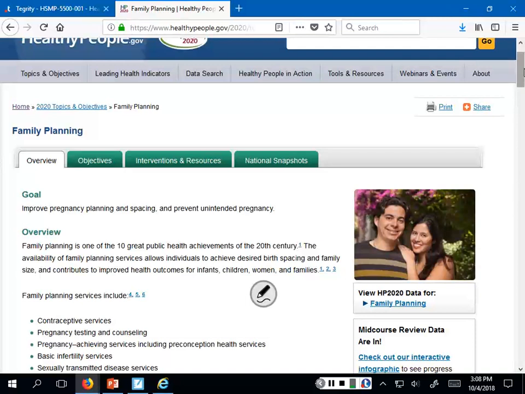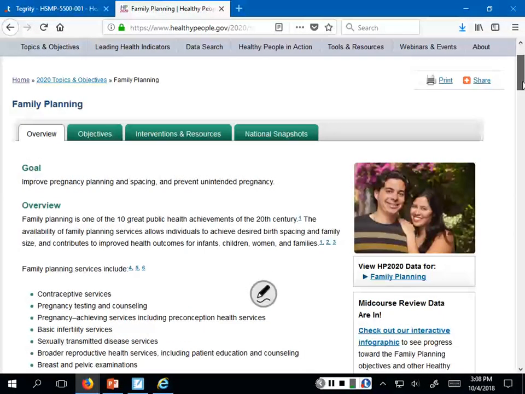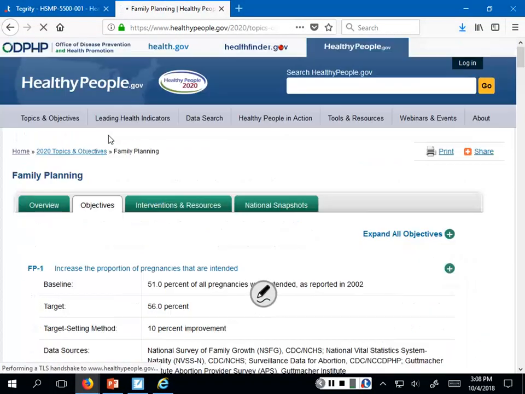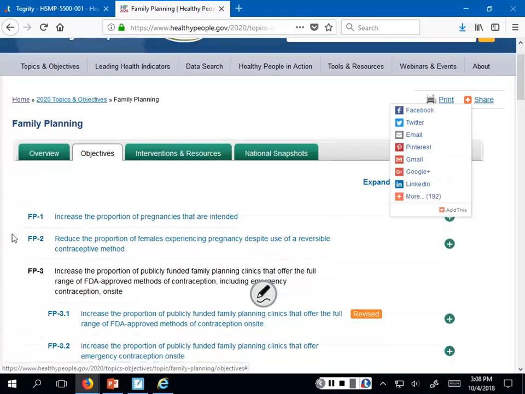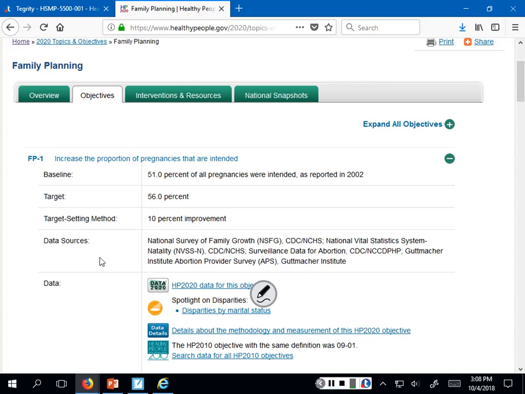This is the family planning topic, and those are the objectives. Family Planning 1 is to increase the proportion of pregnancies that are intended from a baseline of 51% to a target of 56%. Target setting method, data sources, data.